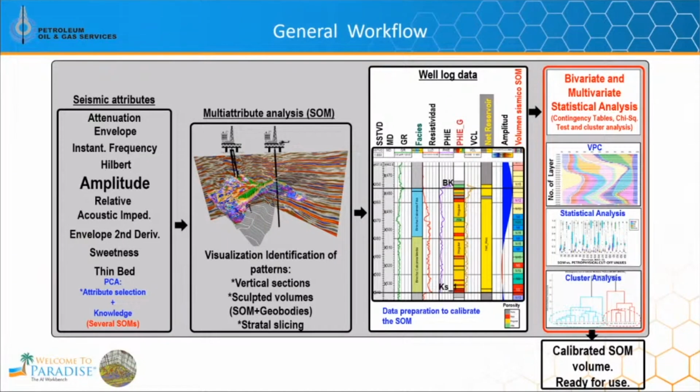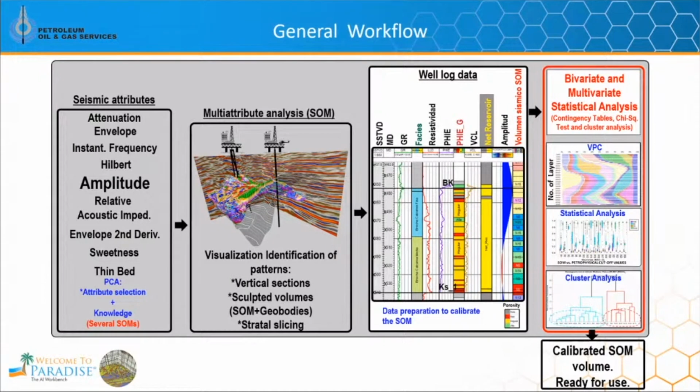So we run several SOMs, and the second step is to review the SOMs using vertical sections, sculpted volumes, horizon probes, geobodies, and stratal slicing, so we can see the patterns in the classifications and select a couple of volumes.